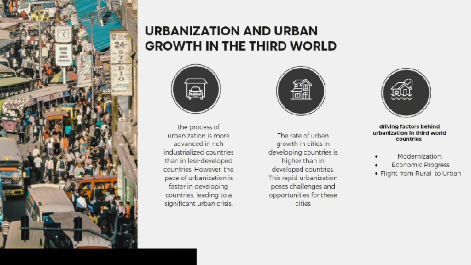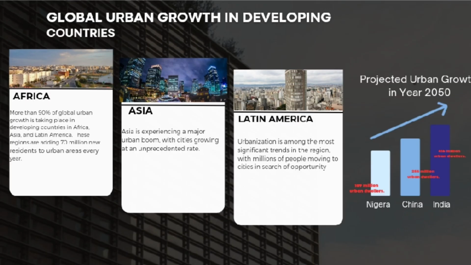And here is the global urban growth in developing countries. More than 90% of global urban growth is taking place in developing countries in Africa, Asia, and Latin America. These regions are adding 70 million new residents to urban areas every year.